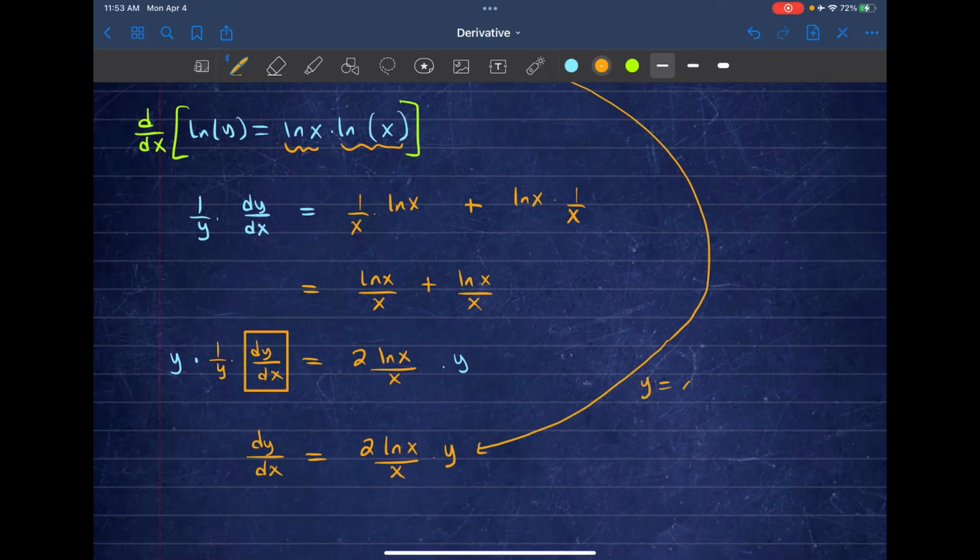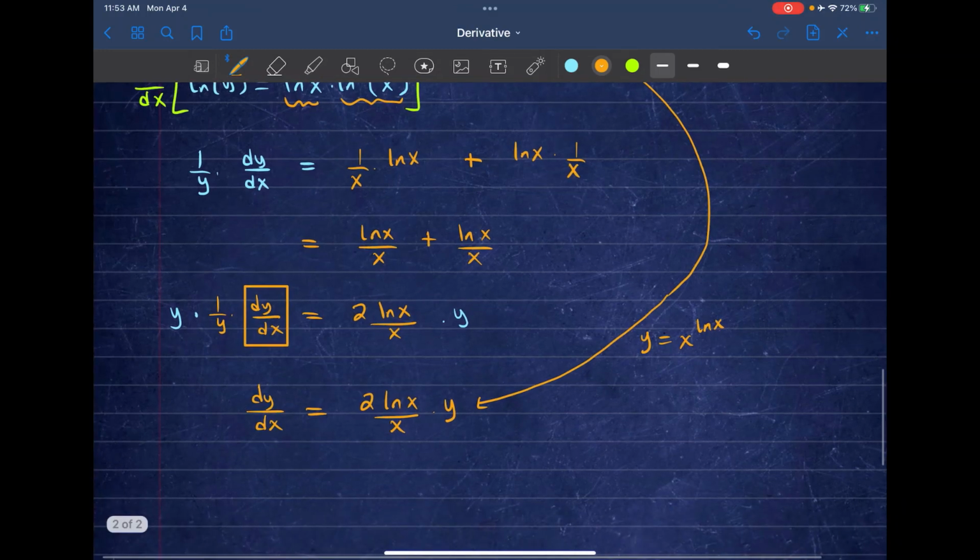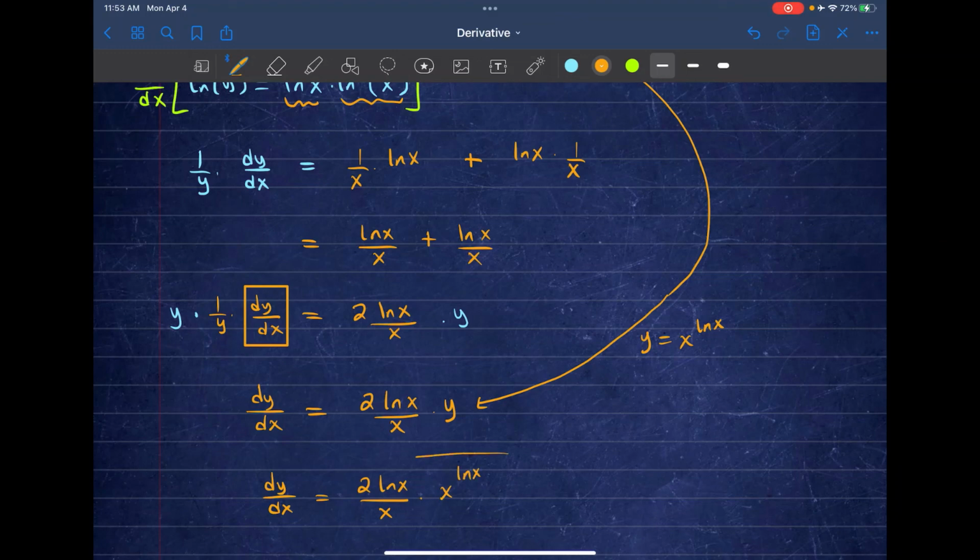So we know y is equal to x to the ln of x. So we substitute that for y. That gives us our derivative is equal to 2 ln of x over x times x to the power ln of x. So that is our final answer for this particular example.